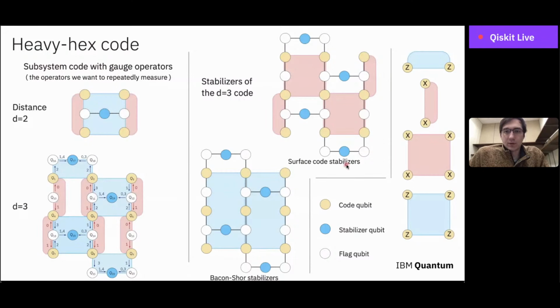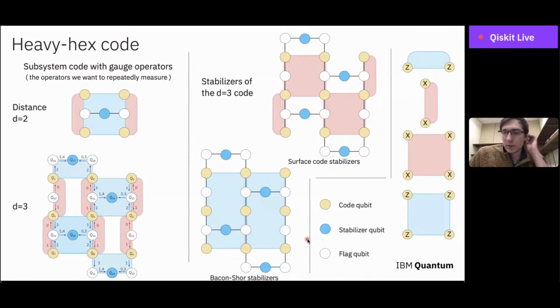Right, so the X-type stabilizers actually look like the surface code stabilizers. There are some weight 4 guys and weight 2 guys on the boundaries. And the Z-type stabilizers are actually these long strips, so they're weight 6. They act on 6 code qubits. Those 6. And they're what we call Bacon-Shor type stabilizers.